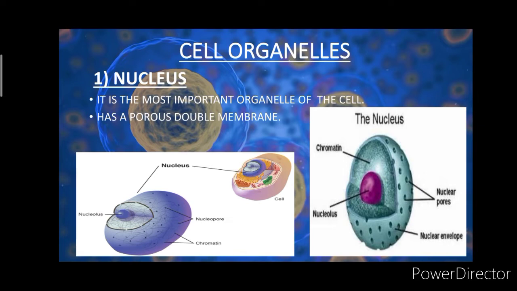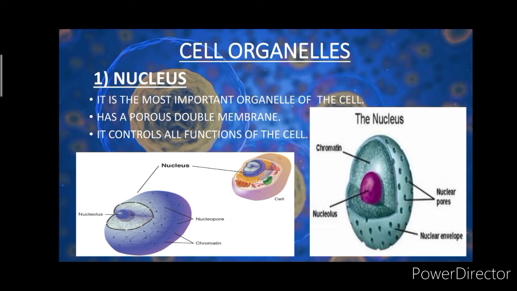As you can see, there are nuclear pores which are shown in the picture. Through these pores, nutrients can enter inside the nucleus and move outside of the nucleus also. The nucleus controls all the functions of the cell. Hence it is called as the most important organelle of the cell.